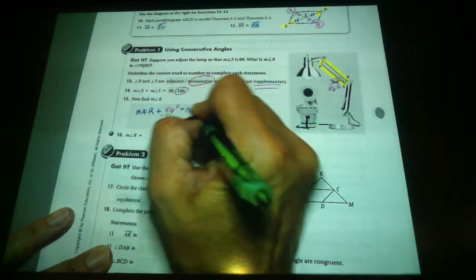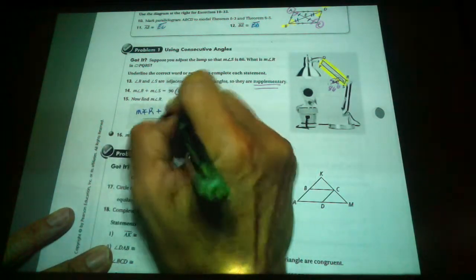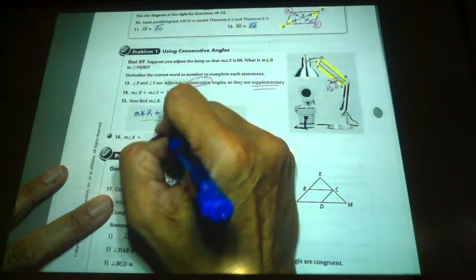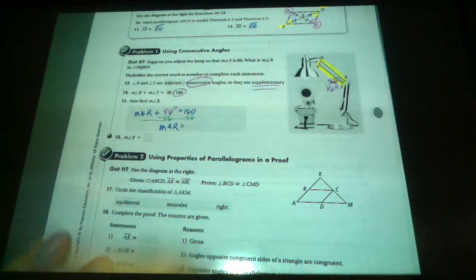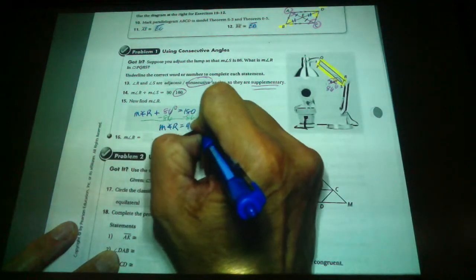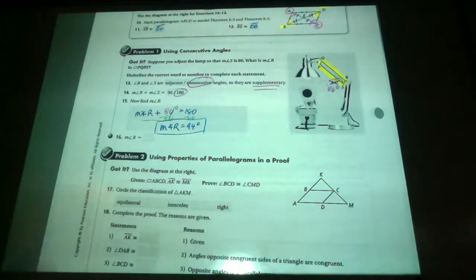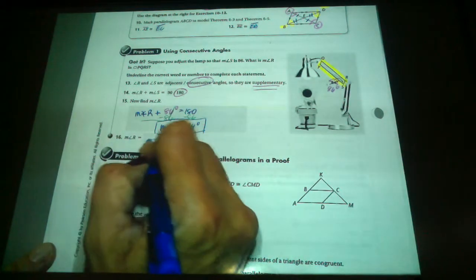So if I subtract 86, what do I get? 94 degrees. And does R look like it could be a slightly obtuse angle? Yeah. It's iffy, but yes. So there's the measure of angle R right there.